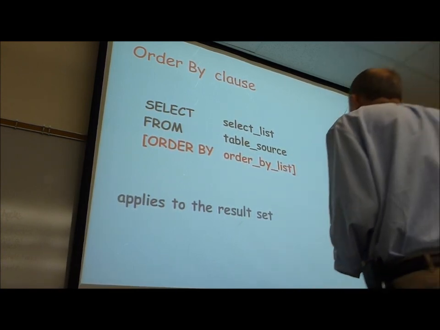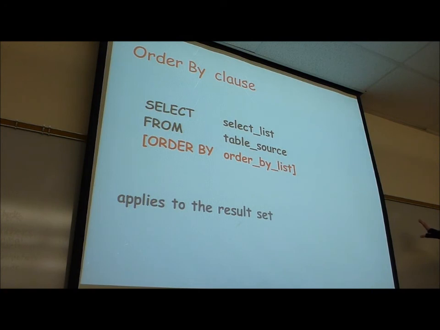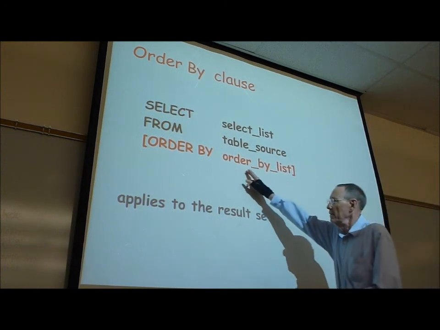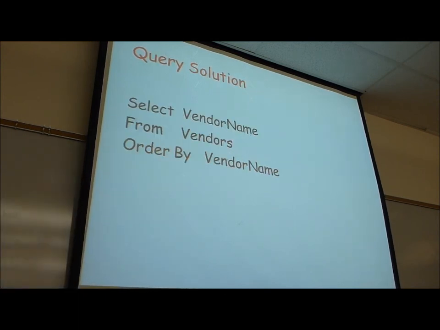So every time I execute a query, and when we get more complex queries, there's going to be multiple result sets in there. Every execution results in another table. And so this will be the final table.